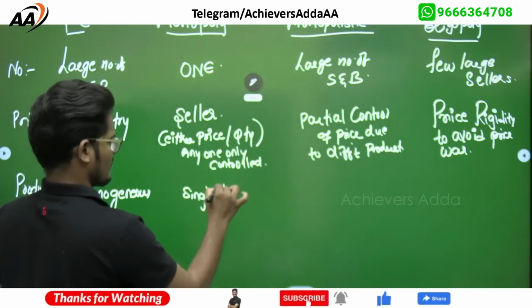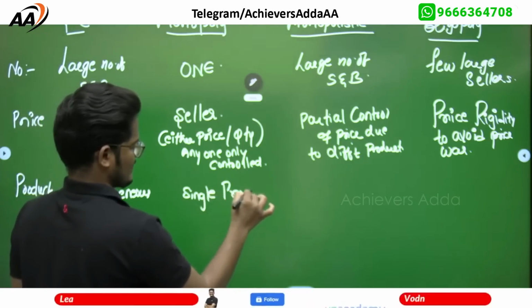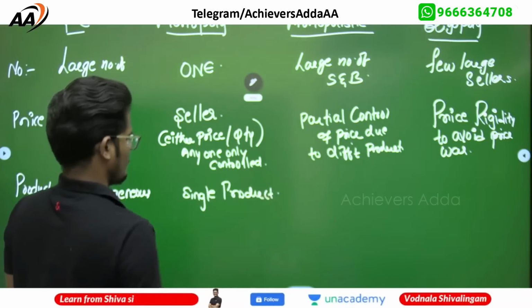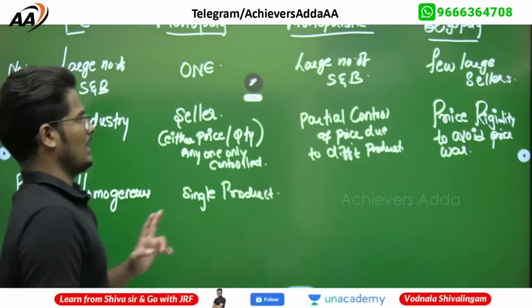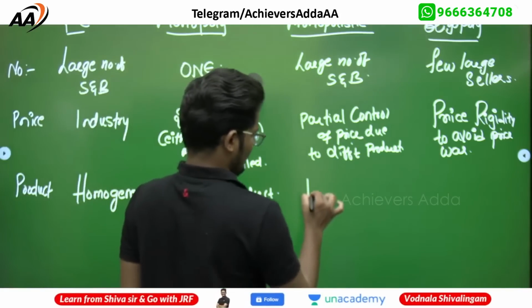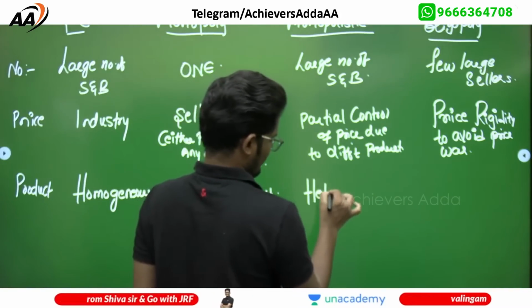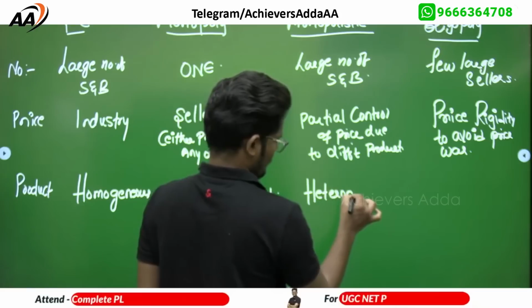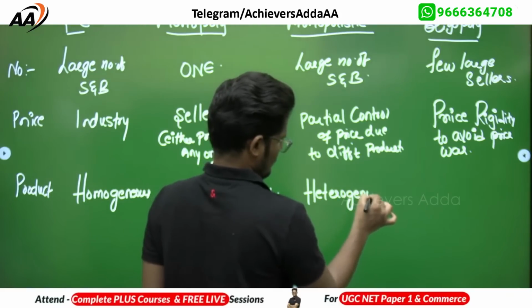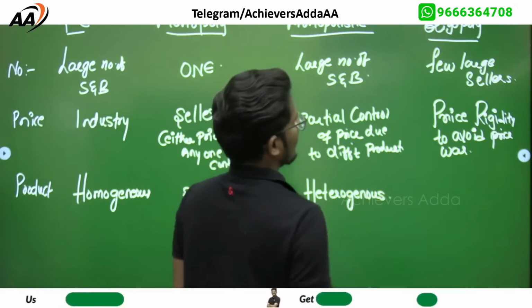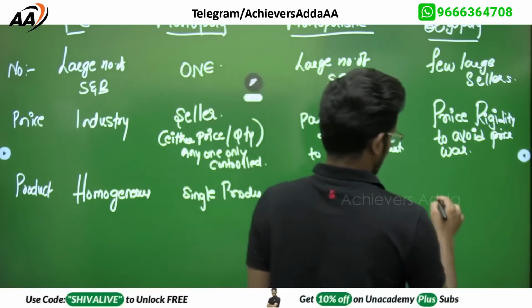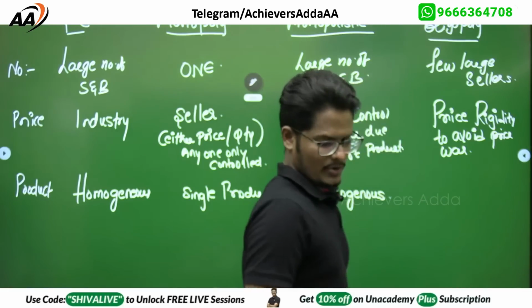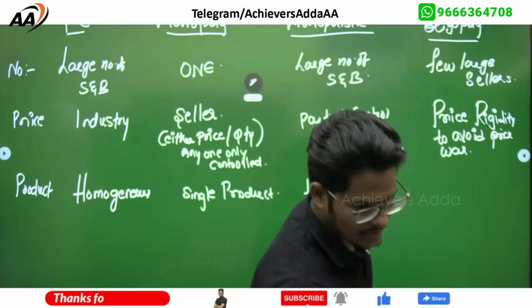A single product, where he is the expert, where no competitor is available. And here monopolistic, different, heterogeneous product. And in oligopoly, is it a single product or multi product?